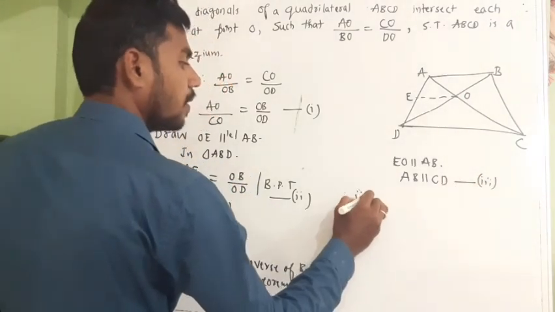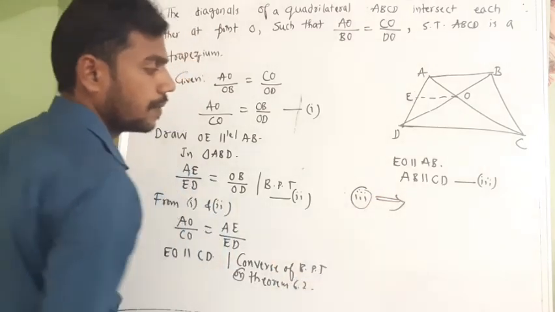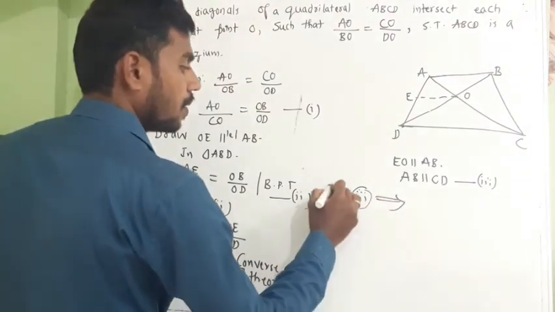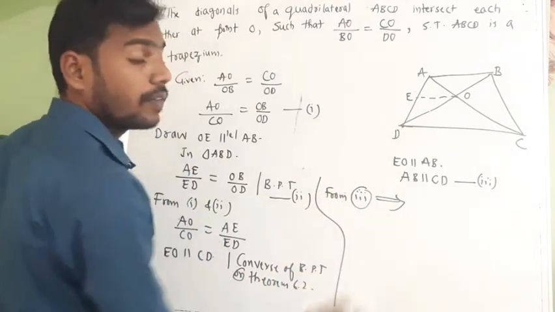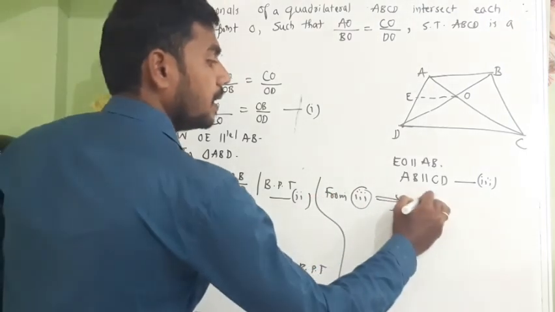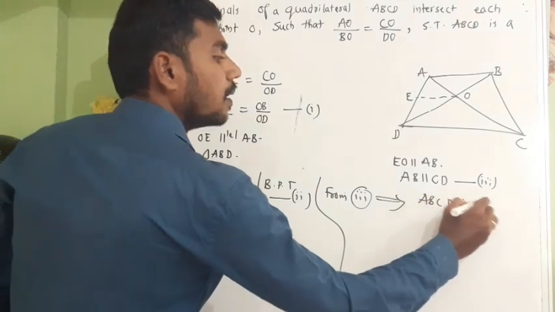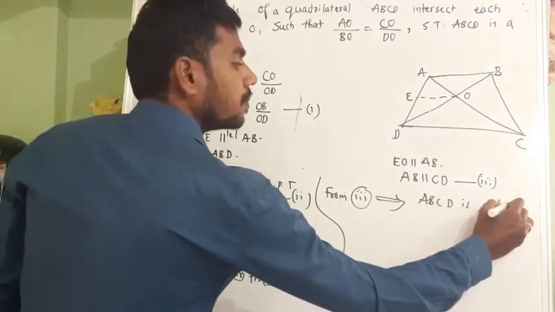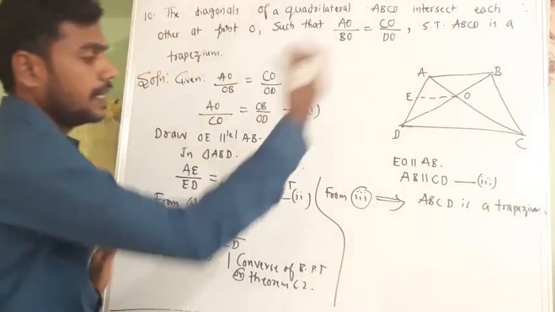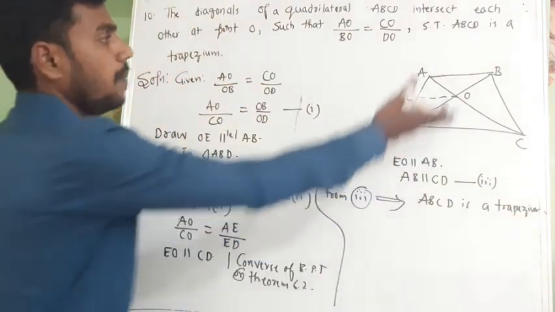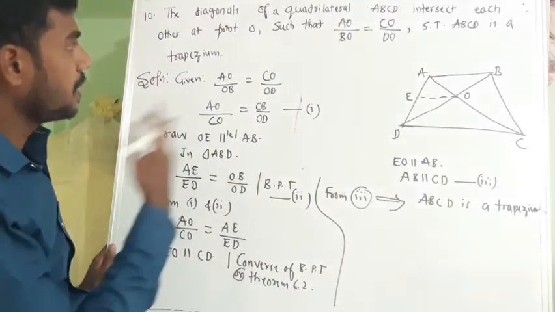So equation 3 concludes for us that, from equation 3, what can we say? ABCD is a trapezium. So we proved AB is parallel to CD. So please note this one.